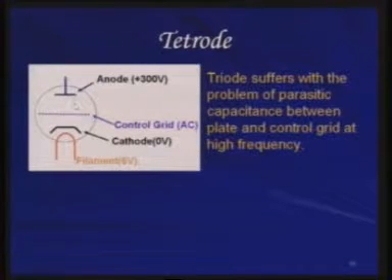Now what happens because of this capacitance? Essentially, a capacitor has an impedance which is inversely proportional to the frequency of operation. So if I have a very high frequency signal, then this capacitor starts playing a role where it offers a very low impedance to these high frequency components, and so they don't contribute to the normal conduction of the triode that we were expecting.